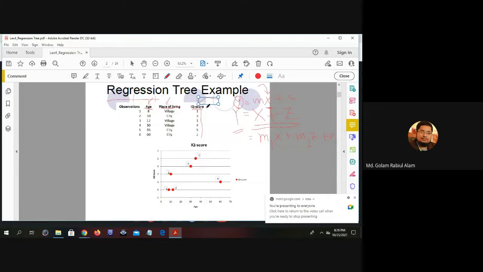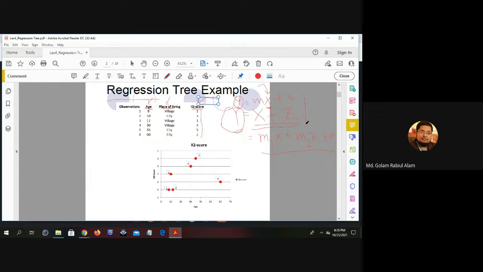So y is our IQ score, and the other two, independent variables, are age and place of living. So we have to find something like m1 times x plus m2 times g plus c.